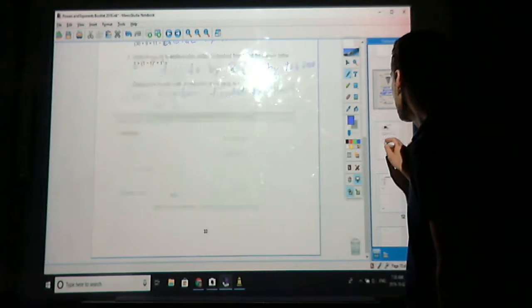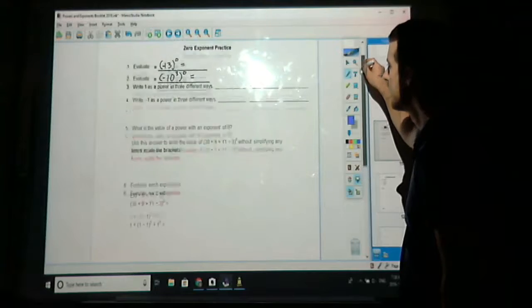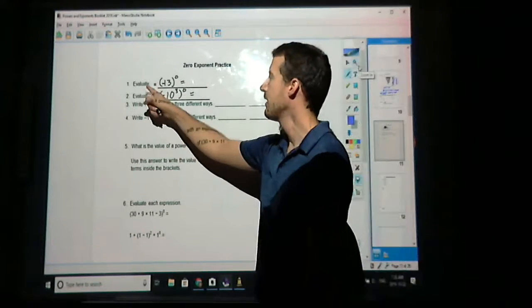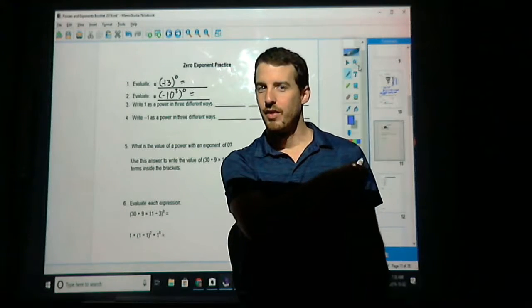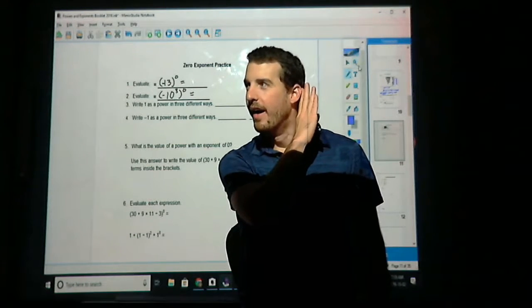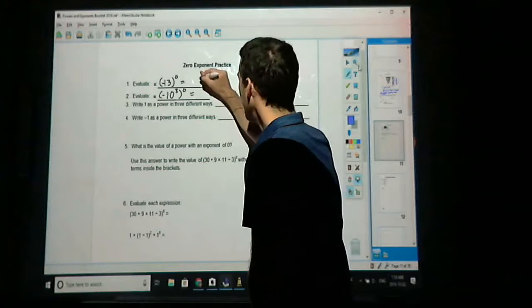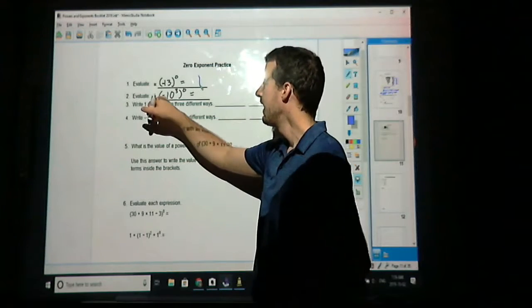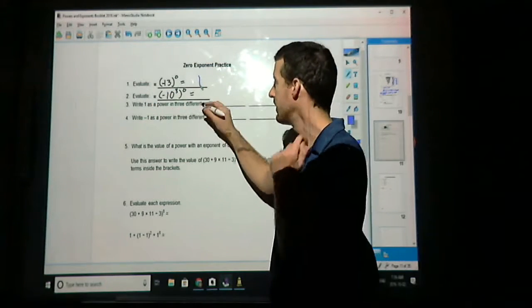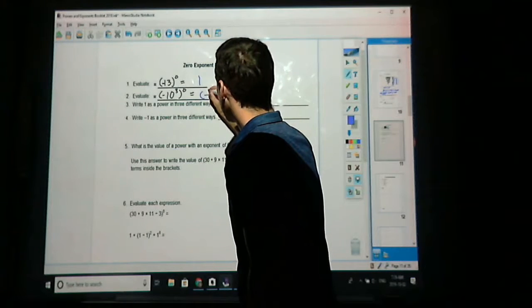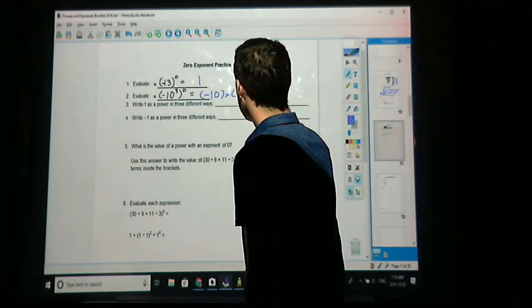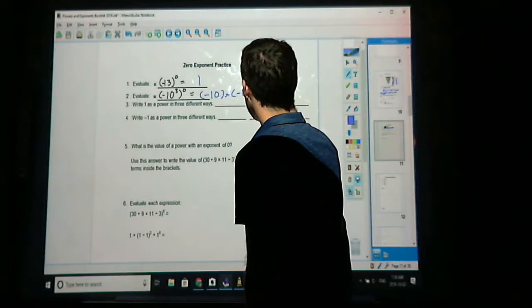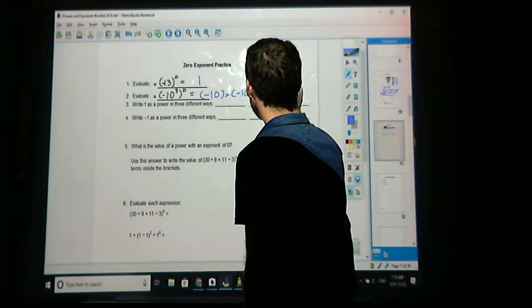Okay, let's keep moving it on. All right, so if we want to evaluate negative 13 to the power of 0, I think I hear you guys, 1. Awesome. Okay, negative 10 to the power of 3. Well, that's the same thing as negative 10 times negative 10 times negative 10.